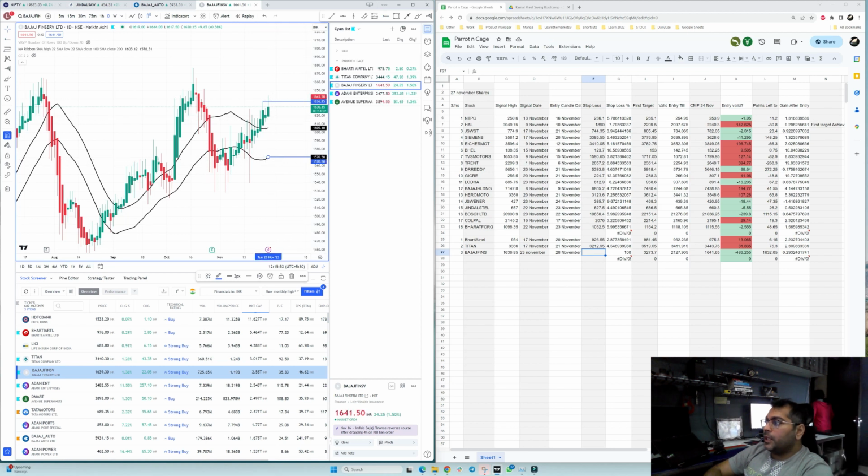The bottom of the candle is our stop loss. So basically, we can capture a 4% move here. 1703 is our first target, and we can enter till 1656. Ideally, this is the CMP. What's the date? 28th. So still we have 15 more points till we can make entry. So we should make entry as soon as possible.